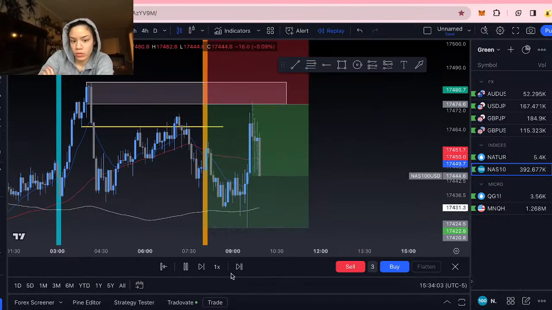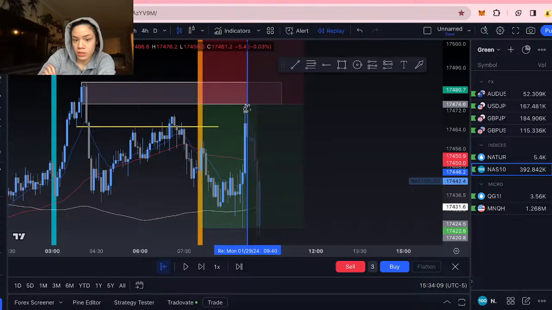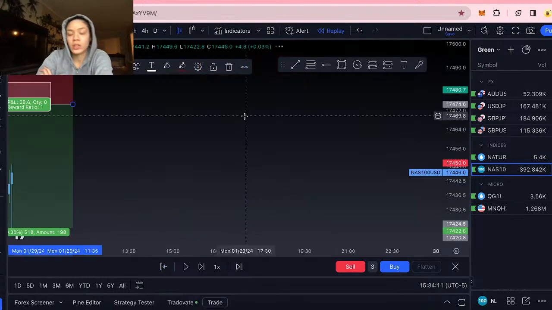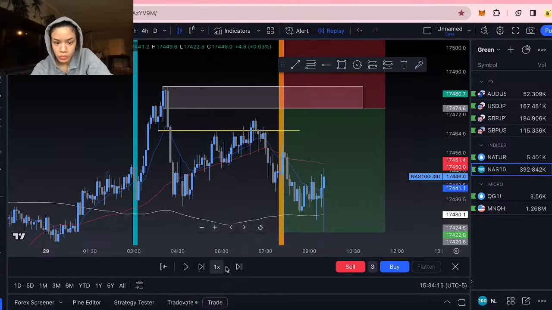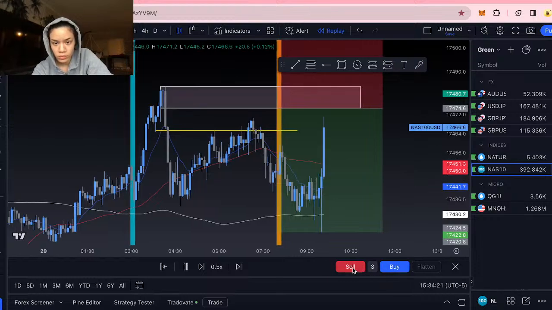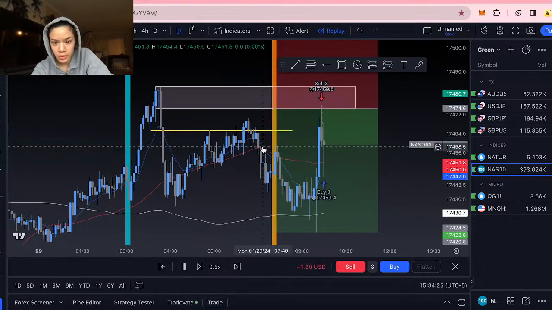Alright, see, now she's going a little too fast. So right here at this candlestick that tapped into the demand zone, that's when the trade would have been placed. Let's see, it's messing up now.